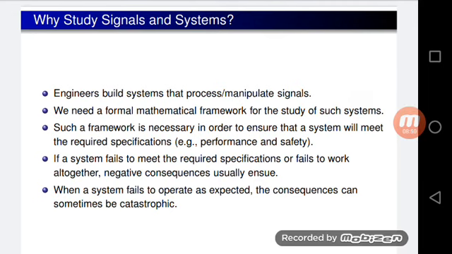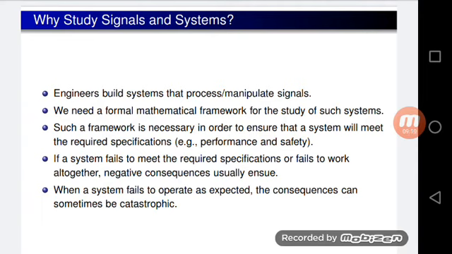Next one is why we study signals and systems. Engineers build systems that process and manipulate signals.